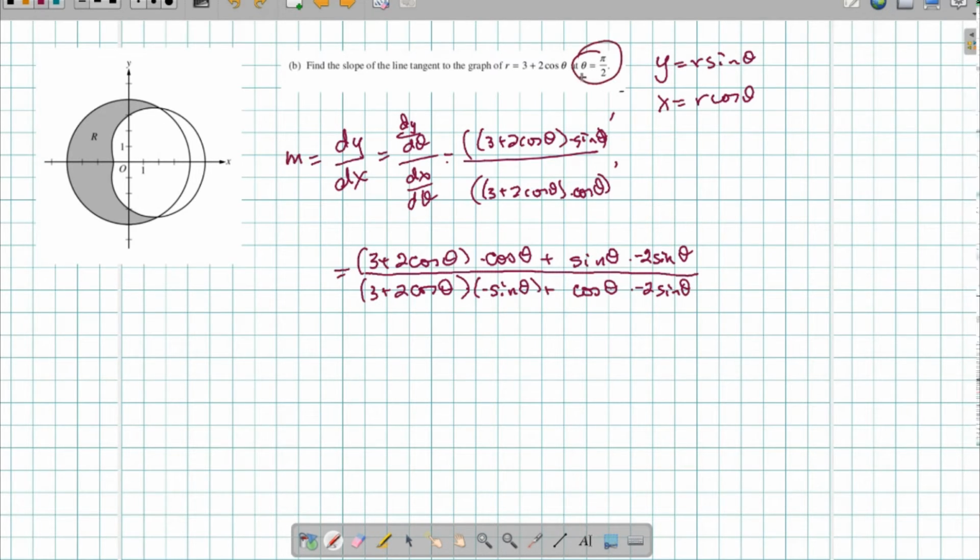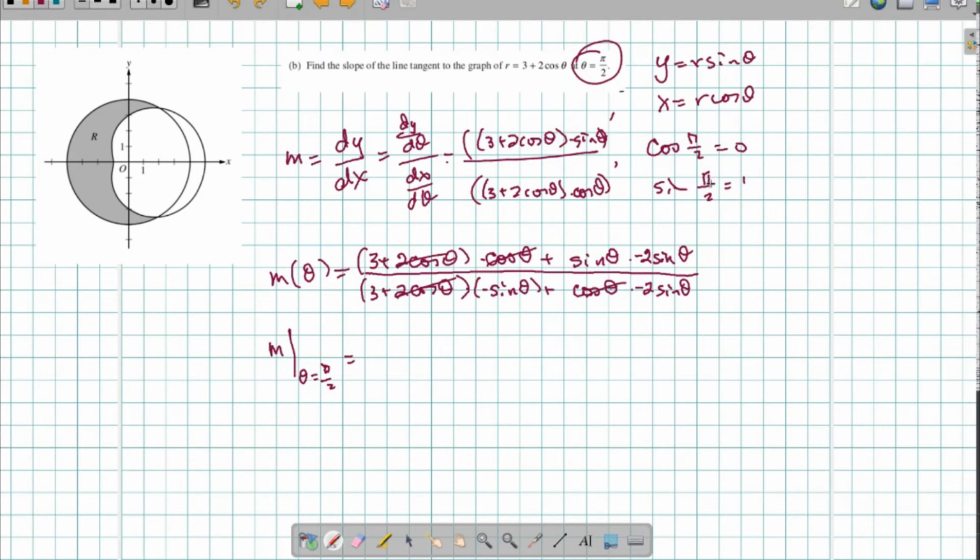Now, they give us this theta equals pi over 2, so this is my formula as a function of theta. If I want to figure out the slope when theta equals pi over 2, then I want to substitute pi over 2 into this. Well, I know that the cosine of pi over 2 is 0, and the sine of pi over 2 is 1. So everywhere I see cosine of pi over 2, that term's going to go away.